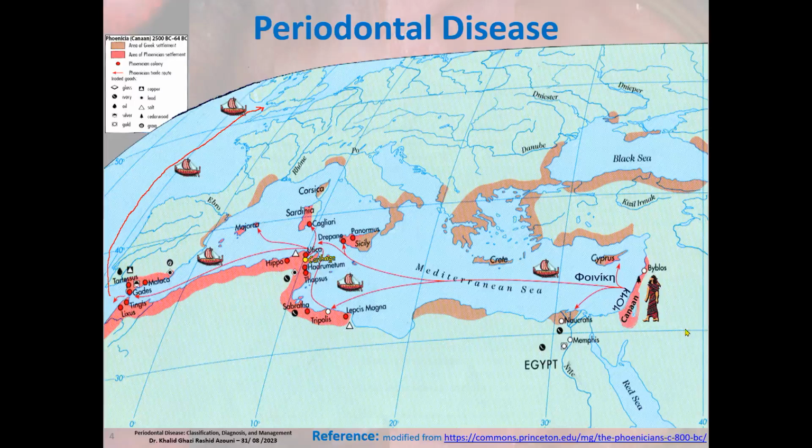The interesting thing is that the Phoenicians called themselves Canaan, meaning that they are an extension of the Canaanite civilization, which is a Semitic civilization, speaking a Semitic language, the Canaanite language.